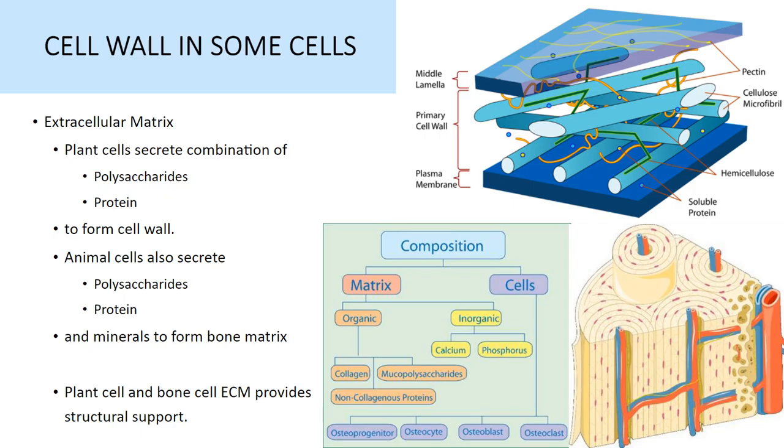For instance, if we compare the cell wall of a general plant cell, shown at the upper right of this slide, with the bone cells below, you will notice that both secrete an extracellular matrix that includes polysaccharides, such as pectin and cellulose in plants, and mucopolysaccharides in animals, as well as proteins. With the addition of other components, such as the calcium phosphate and calcium carbonate in bone, both plants and animals can form an extracellular matrix that resists compression, but also maintains a degree of flexibility.